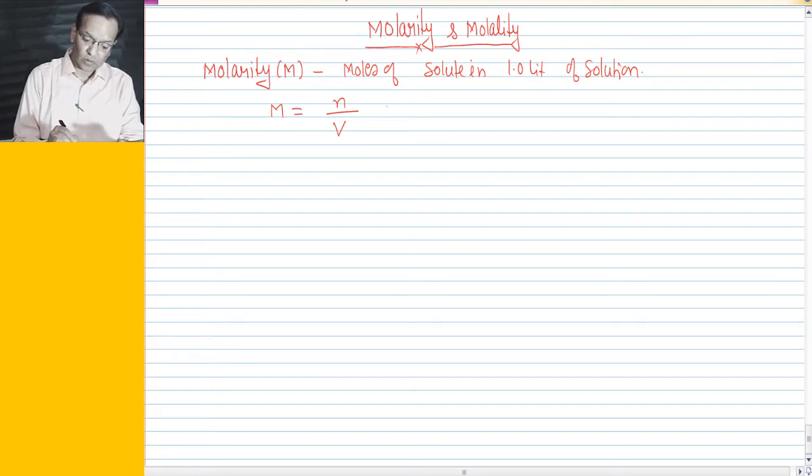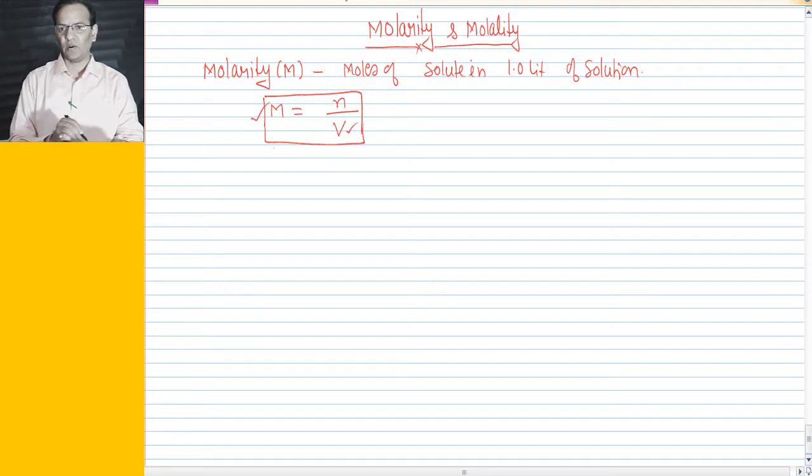So this is the fundamental definition of molarity. If we know molarity and volume, we can multiply them and find out the number of moles. So among these three, molarity, number of moles, volume, any two of them are known, the third can be known.